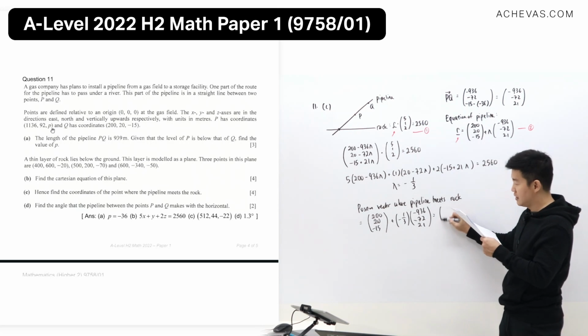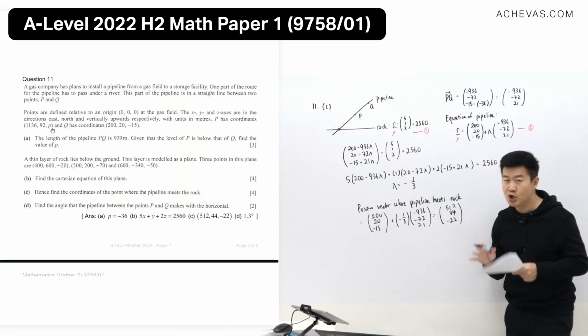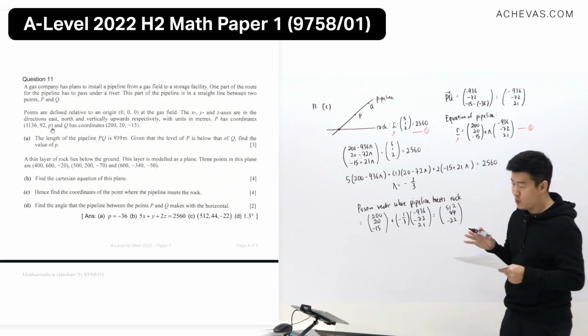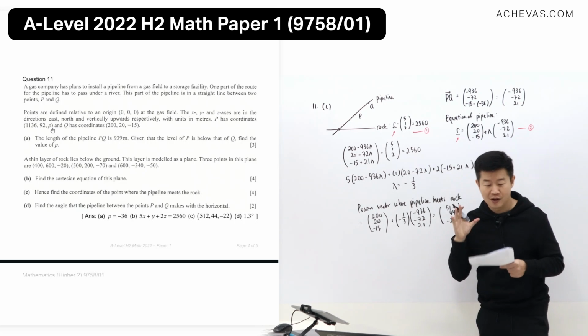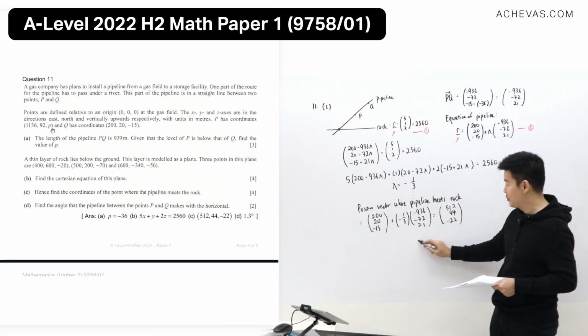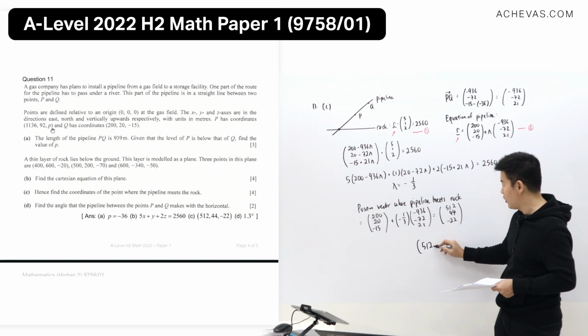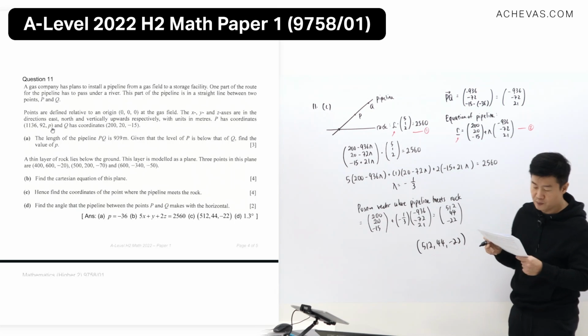This gives us (512, 44, -22), which is close to perfect. You know why? Because the question is not asking for the position vector. The question is asking for the coordinates of the point where it meets. So we do need to re-express our answer in coordinate form, which is (512, 44, -22).